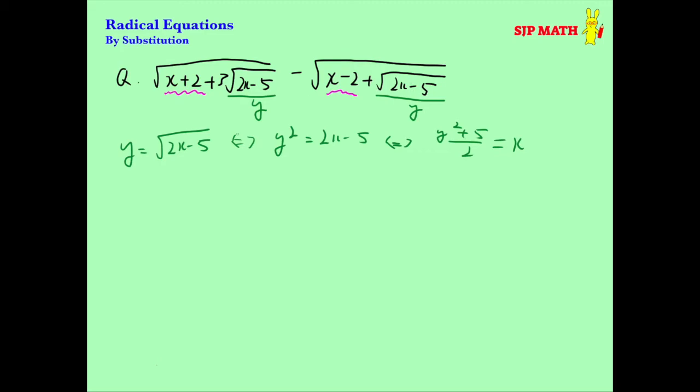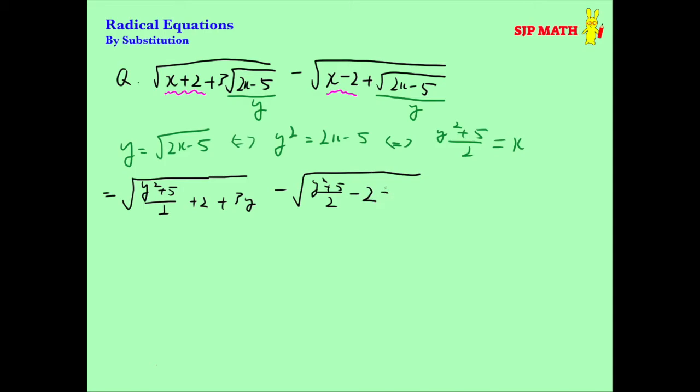So if we solve it, we substitute all those values in. So this would be the square root of y squared plus 5 over 2 plus 2 plus 3y, minus the square root of y squared plus 5 over 2 minus 2 plus y.